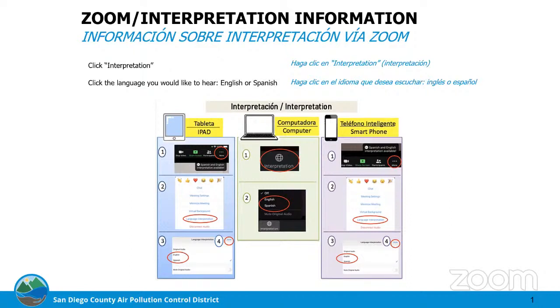Then you're going to select English if you're choosing English. If you are connecting from an iPhone or iPad or some other similar device, you're going to look in the top right of your screen to the 3 little dots, click on the menu. Also, you'll see the globe and then choose language interpretation there and English.